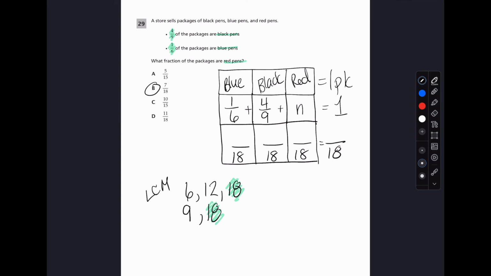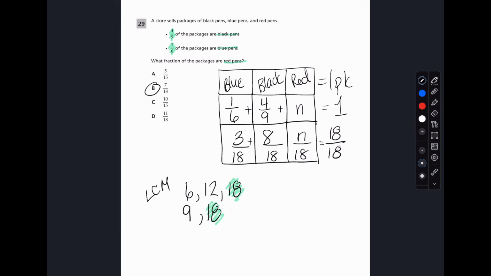Okay, and now since I know that 6 times 3 makes 18, 1 times 3 is 3. 2 times 9 makes 18, so 2 times 4 is 8. And now I just need to figure out what is going to be that last number, because I want to get 18 out of 18. What does that numerator have to be to make this a true statement?